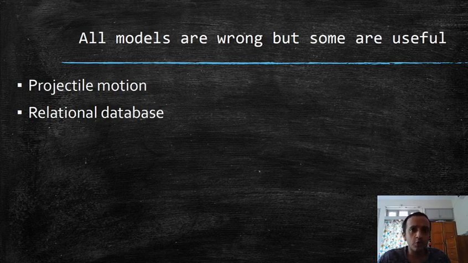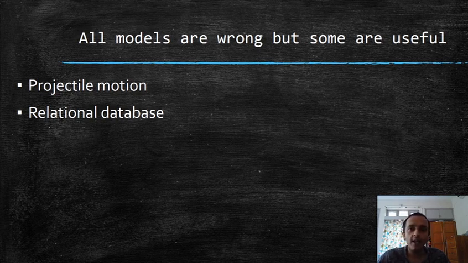Then you also assume that the gravitational force of the earth on the object is constant throughout its journey, which is again not true, because this force depends on the distance. So there were several approximations in this particular model of projectile motion. But still you studied that particular model.